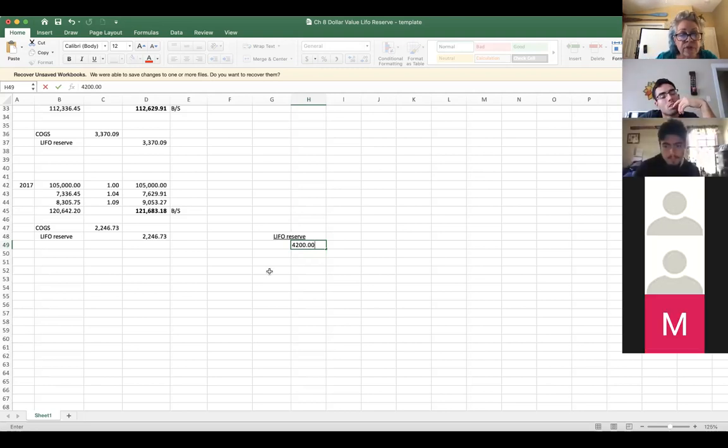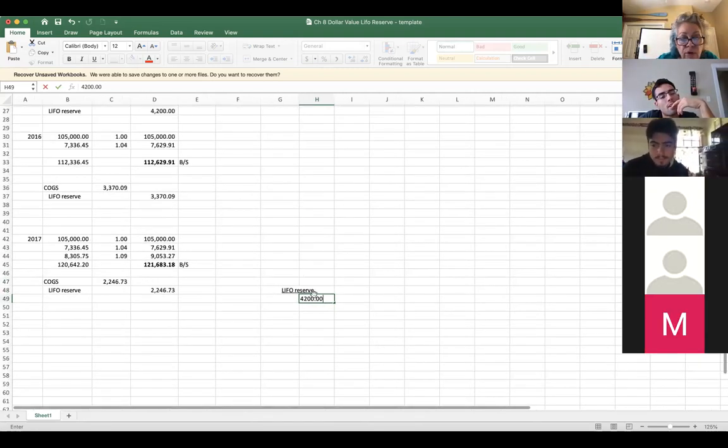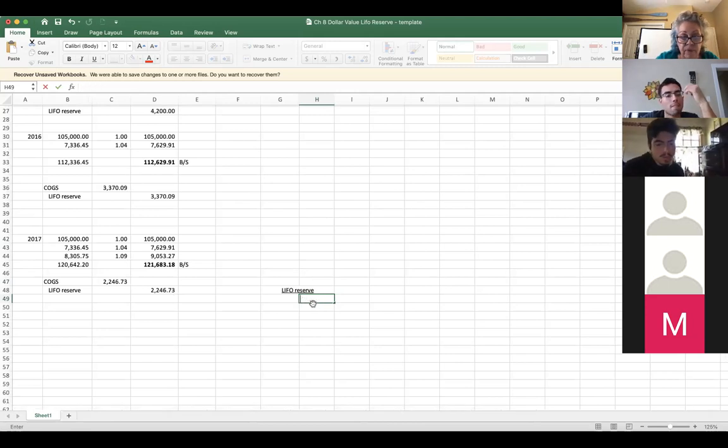So the LIFO reserve account, say this is a T account. I credited it in 2015 for 4,200, and then in 2016, I credited it for 3,370.09.